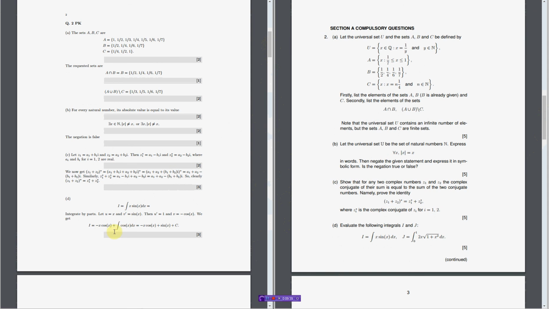Then we can use the known fact that the integral of the cosine function is the sine function. But carrying out that last indefinite integral, we need to include a constant of integration c in our final answer as well. So we get minus x cosine of x plus sine of x plus some arbitrary constant c.